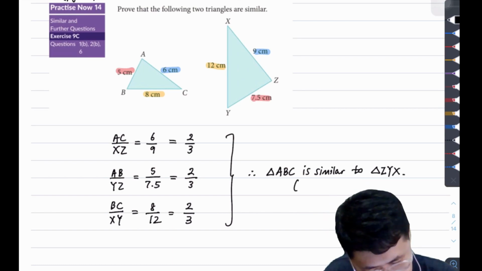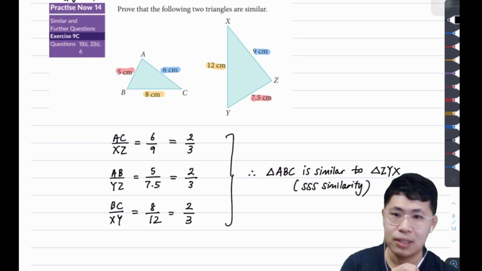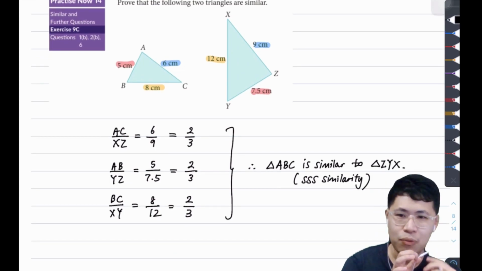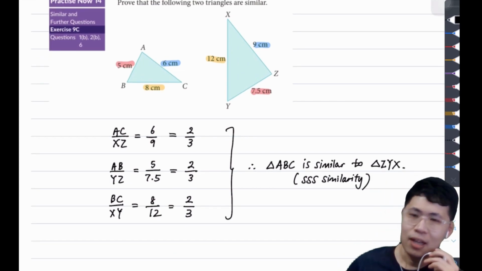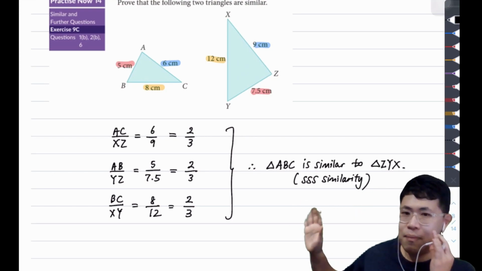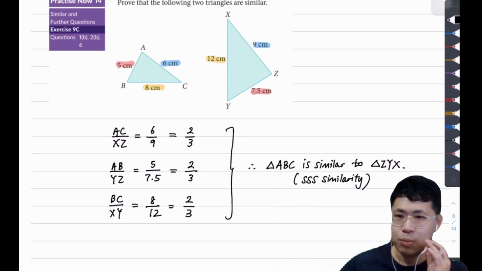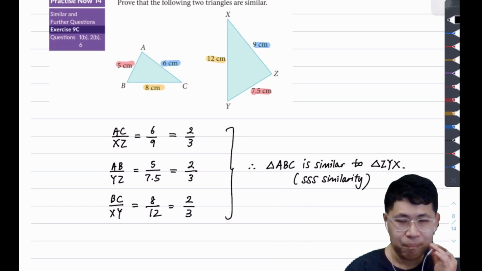The reason is because of 3 sides, SSS. We have to add in the word similarity. Unlike congruence, if you don't put in any word, we'll assume that it's going to be congruence. So that's why we have to add in the word similarity here. And one more time, to prove SSS similarity, the 3 ratios of corresponding sides must be the same.